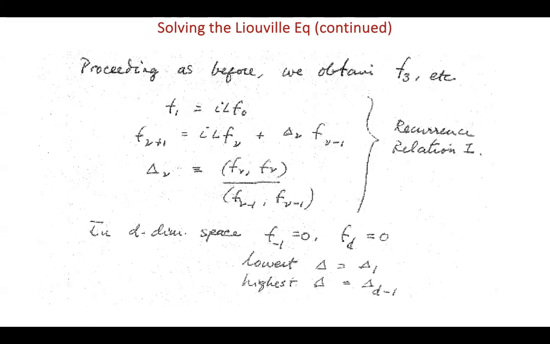If you assume that your H is Hermitian, then you can get away with what is called a three-term recurrence relation. 1, 2, 3 terms. Mori's approach gave you a 4-term recurrence relation, and we will see that later. But this gives you a 3-term recurrence relation, simpler. But it allows you to construct correct orthogonal basis vectors all the way from 0 to infinity. That's what it allows you.